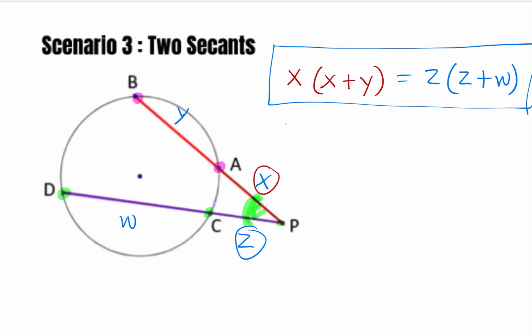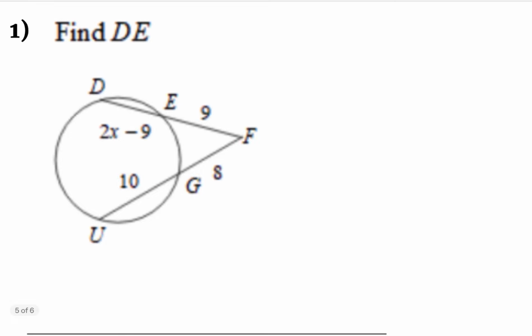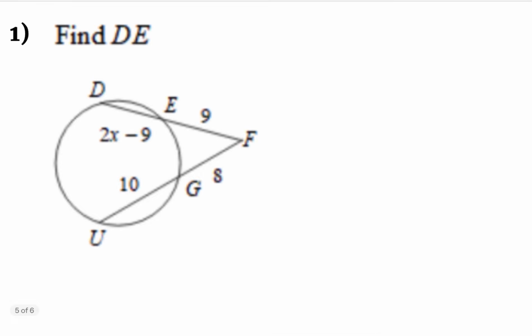So this would be the formula that we are going to use. Let's apply this to this problem. So we have the outside measurement, which is 9. I'm going to write 9 times, multiply 9 with the distance of the whole secant or segment. So that would be 9 plus 2x minus 9.